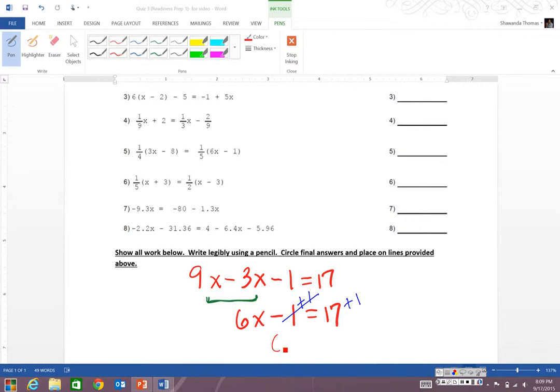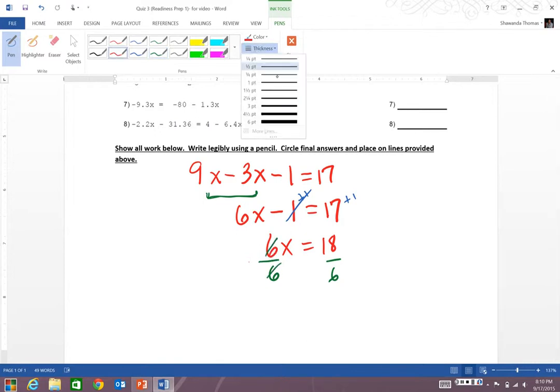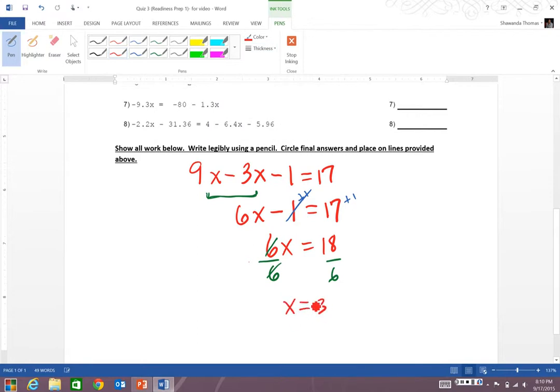So now you have 6x equals 18. Then you divide by 6 because that was 6 times x, and the inverse of multiplication is division. The 6's will cancel out. Now you have x equals 3. So your final answer for number 2 is 3.